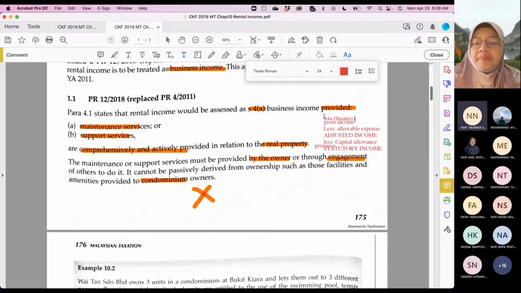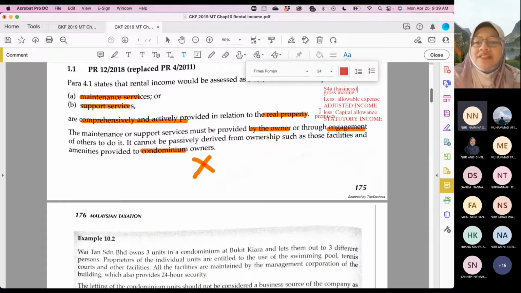So what's the difference with section 4D? Under section 4A, assuming you have gross income minus allowable expenses, it may happen that you have an adjusted loss. Whenever you have an adjusted loss from section 4A, remember the adjusted loss can be set off against your aggregate income. That's very important.